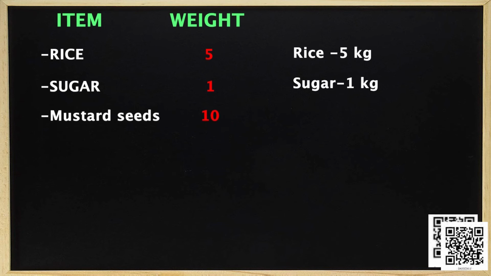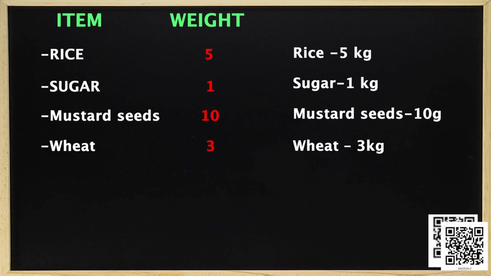Mustard seeds 10. So, they have purchased mustard seed in gram, 10 gram. Wheat 3. So, they have purchased wheat in kilogram, that is 3 kilogram. Dal 500. So, they have purchased dal in gram, 500 gram.